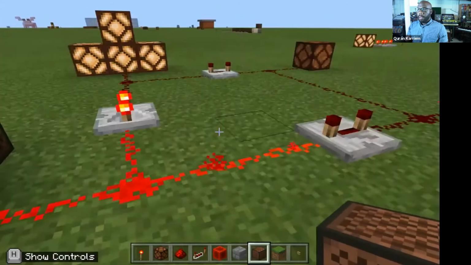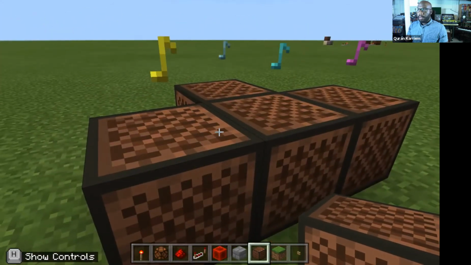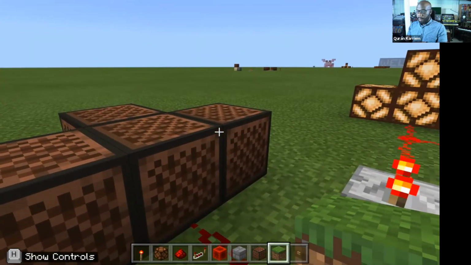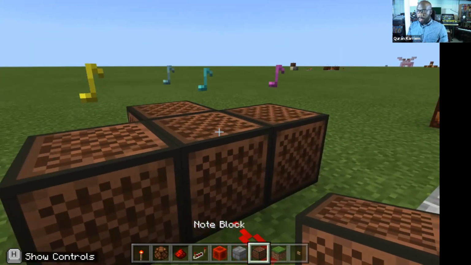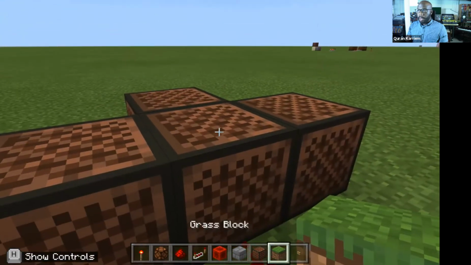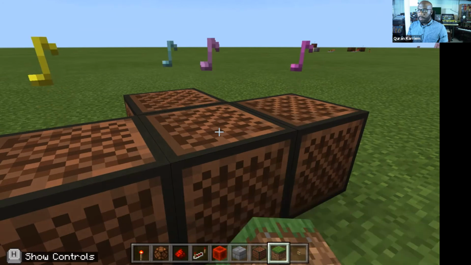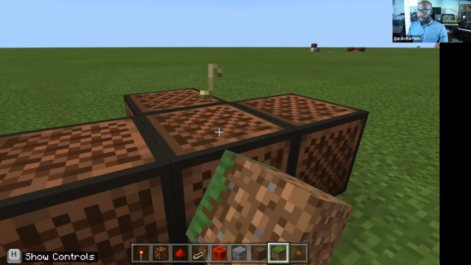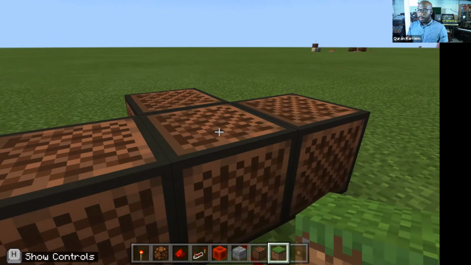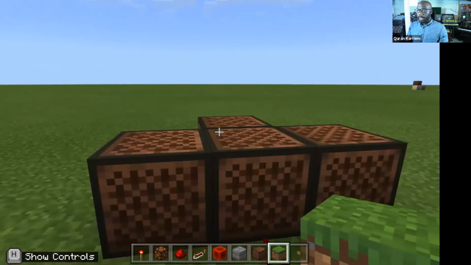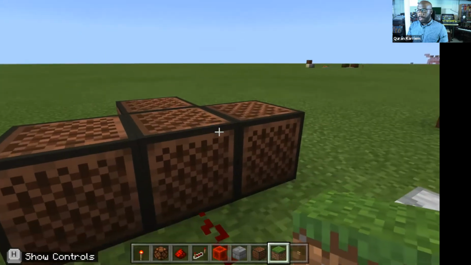Okay, so I've got a chord going. I don't seem to be able to put a note block on top of another note block. Yeah, so you can get clusters of 4 like this with the note blocks.